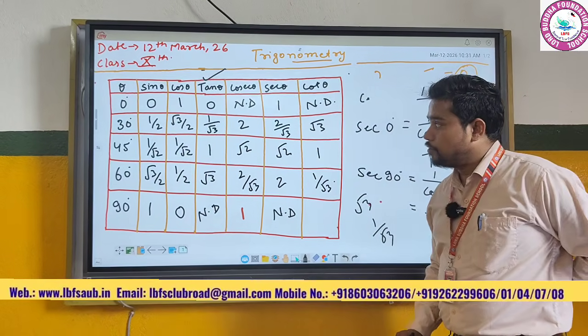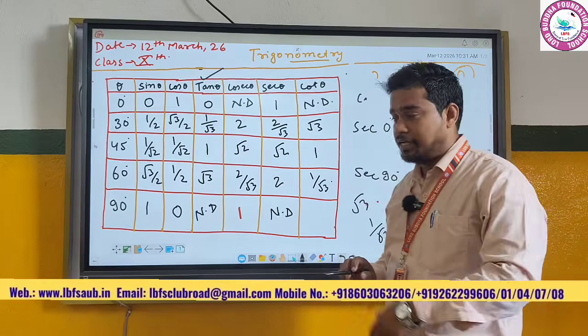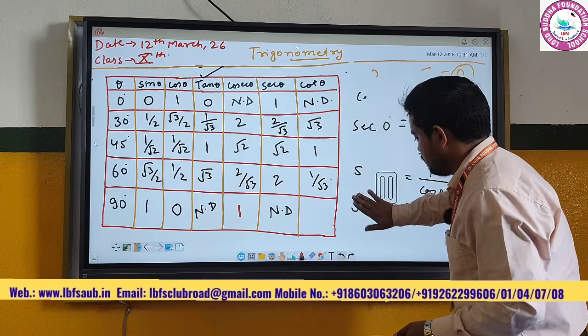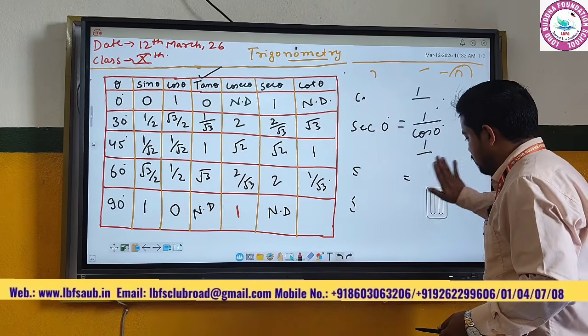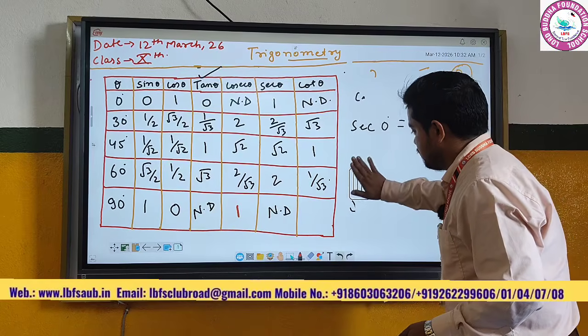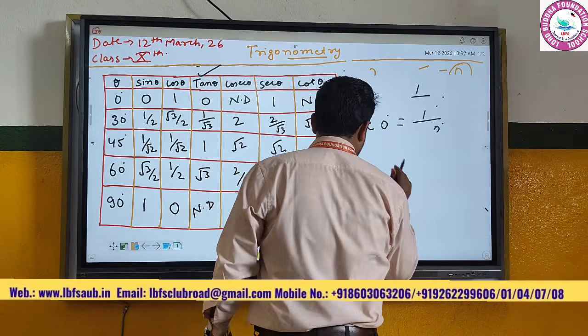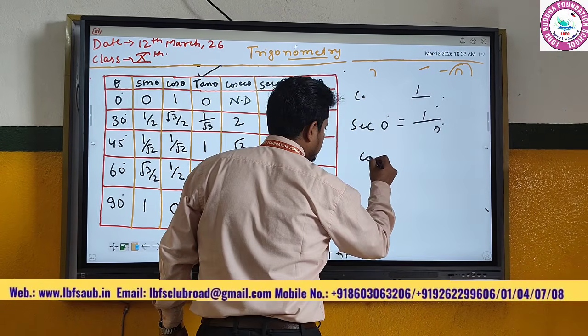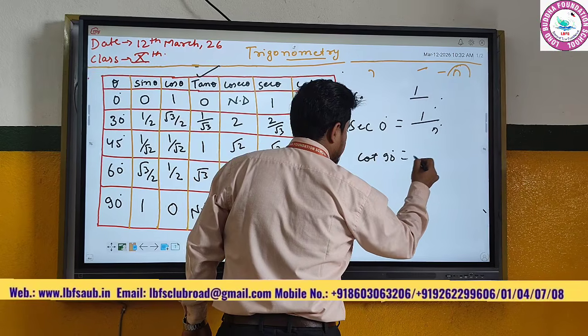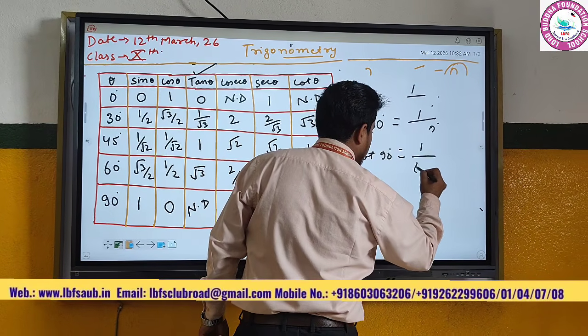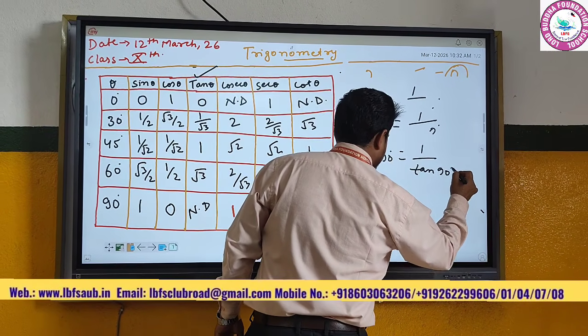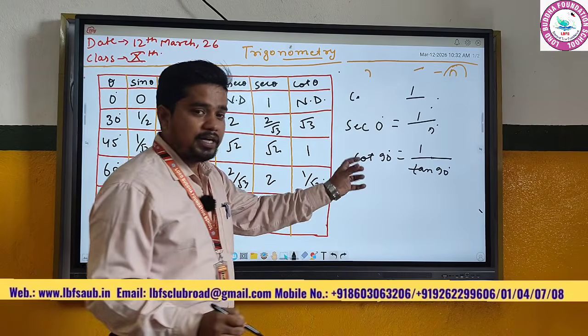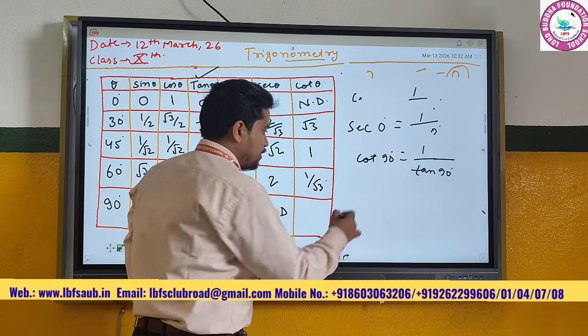Okay, now come on to the value of cot 90 degree. Suppose you have to find out the value of cot 90. Value of cot 90 is equal to 1 upon tan 90, because we know that cot and tan are inversely proportional to each other.